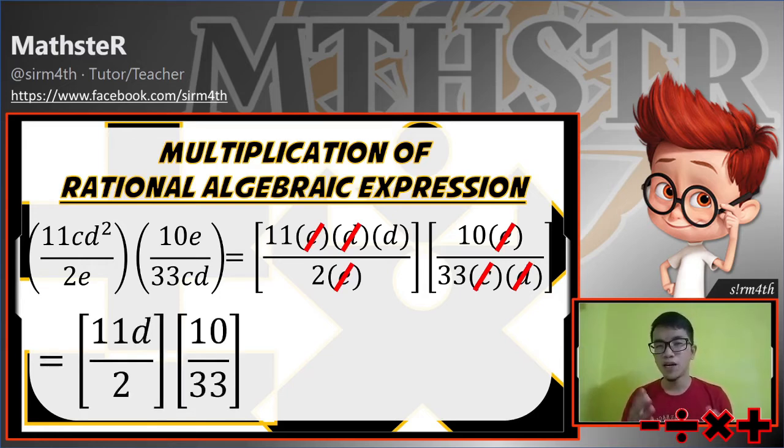Ngayon, yung mga hindi natin na-cancel, nagsama-sama sila ngayon dito. Since yung 11d over 2, yung nasa isang fraction na hindi na-cancel, at dun sa isa naman is 10 over 33. Kaya naman, siya ay naging 11d over 2 times the quantity of 10 over 33.